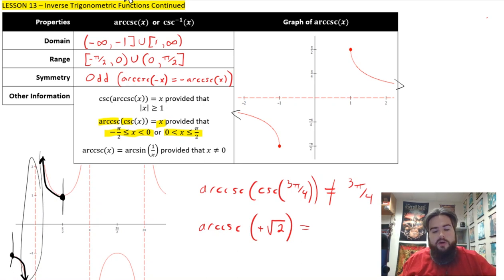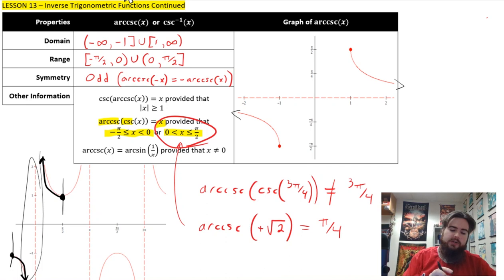And then take arc cosecant of positive square root of 2, which, because it is a positive ratio, must give you an angle measure between 0 and pi halves, because that is where cosecant is positive. And what you'll get here is pi over 4 instead. So be very careful about those functions.